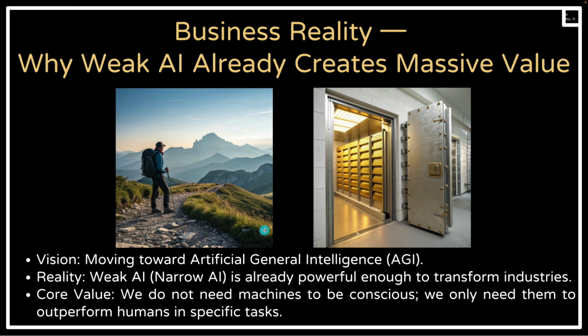This is one of my favorite business slides in the deck because the two images tell the story very clearly. On the left, we see a person standing on a mountain path, looking toward distant peaks. That image represents vision, the long-term ambition of AGI. On the right, we see a vault-like image, suggesting value, protection, and business return.